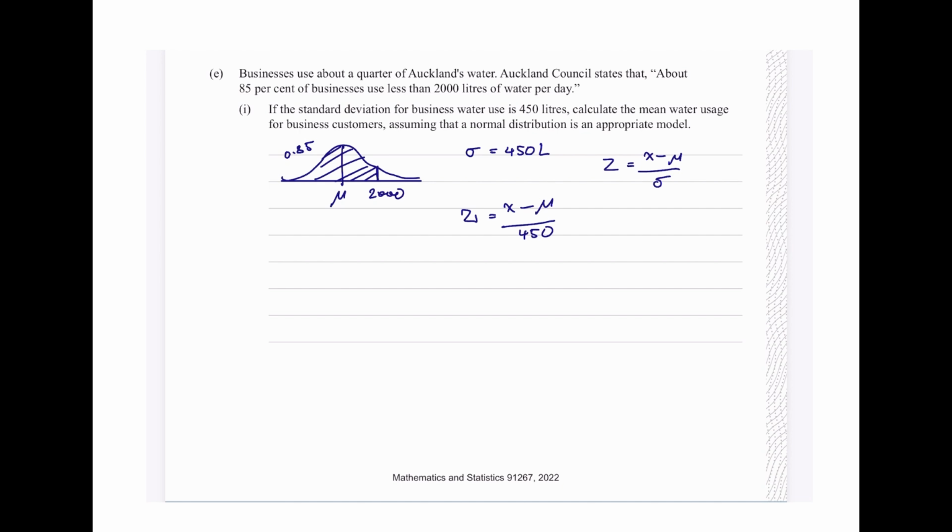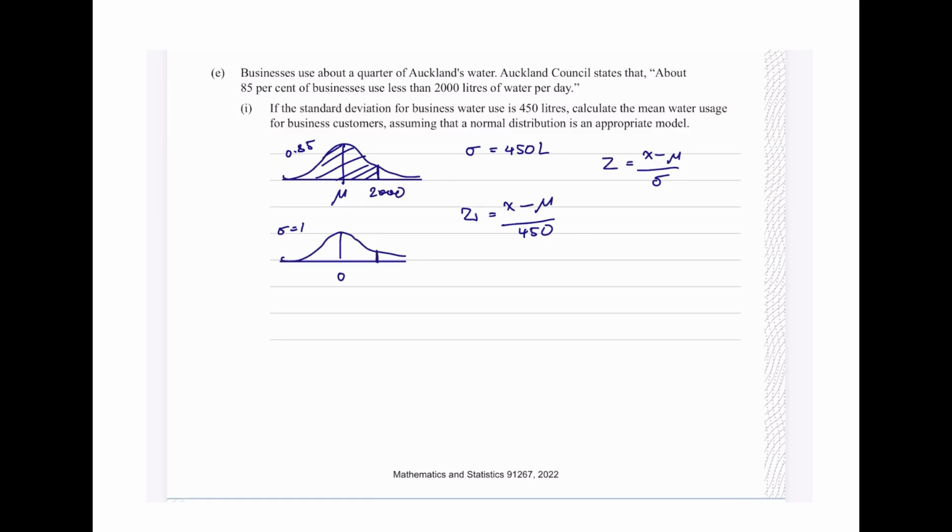So how do we go about calculating that Z score? Well, the first thing we need to do is draw out our Z distribution. And our mean is 0, and we have a standard deviation of 1. So essentially, just look at this probability here. We know that we have an area of 0.85, and we want to find the Z score for that.